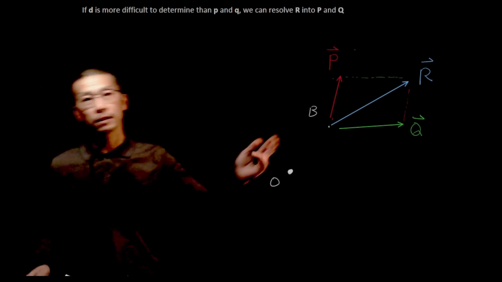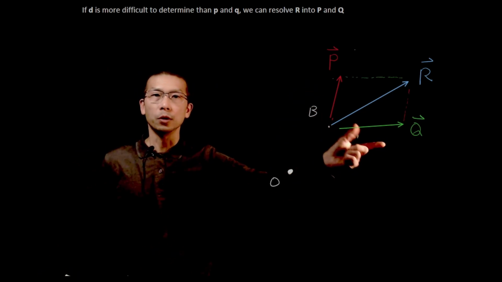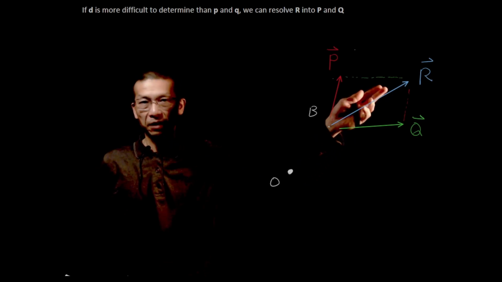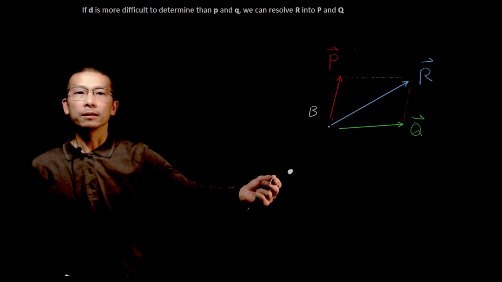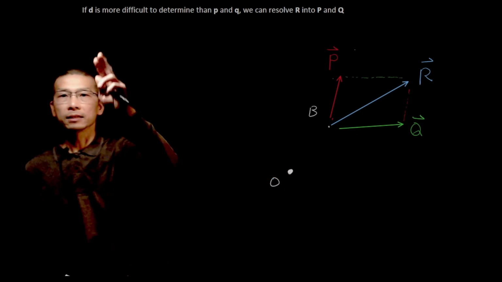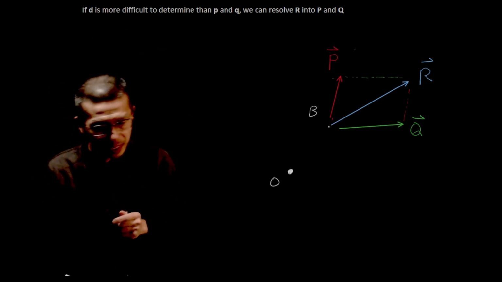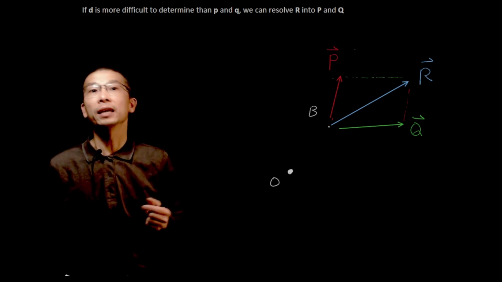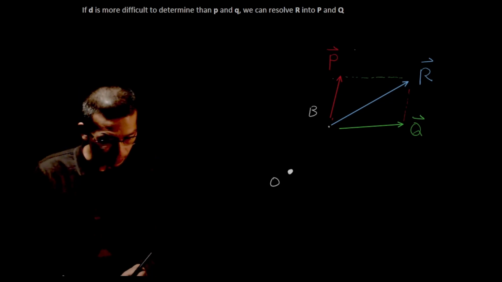So we have vector P, Q, both of which combined will give us vector R. That's what it means, right? And the origin point O right here. And now, what does this mean? If D is more difficult to determine than P and Q, we can resolve R into P and Q.